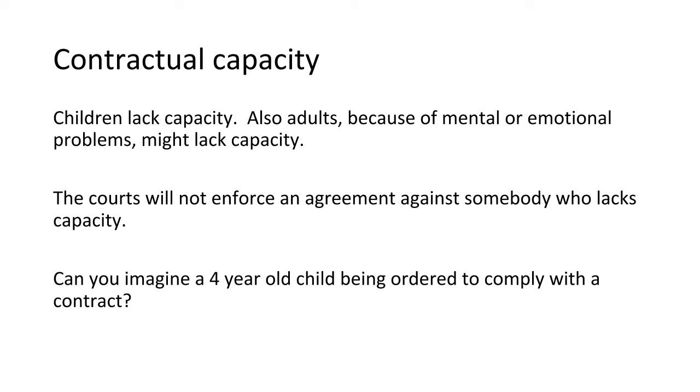They usually have special problems, mental or emotional problems. But generally the law puts limits on some people. For example, some people are not allowed to vote, some people are not allowed to drive, and those same people are typically not allowed to make contracts. So you don't expect a 4-year-old to be able to make a contract. Now, despite all that, sometimes contracts will be enforced against children, and that's a whole different topic.